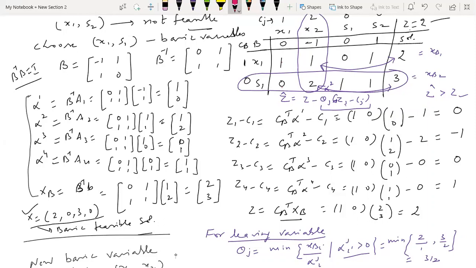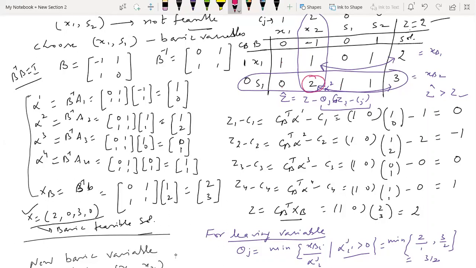So if I am going to enter x2 in place of s1, this quantity 2 should not be 2, it should be 1, and all these other elements have to be made 0.